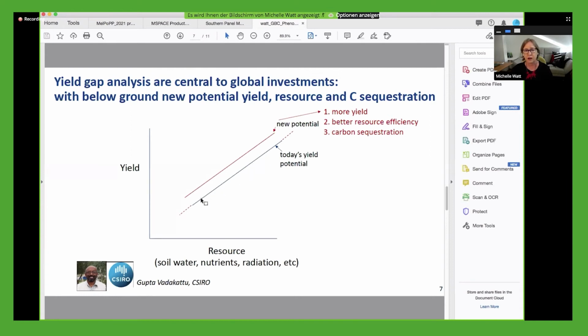There's a boundary line for the potential that can be achieved depending on the crop and the genotype. And basically, this boundary line can be moved up, either with more yield because of the roots functioning better, resource efficiency because of the roots capturing more water, or increased carbon sequestration.